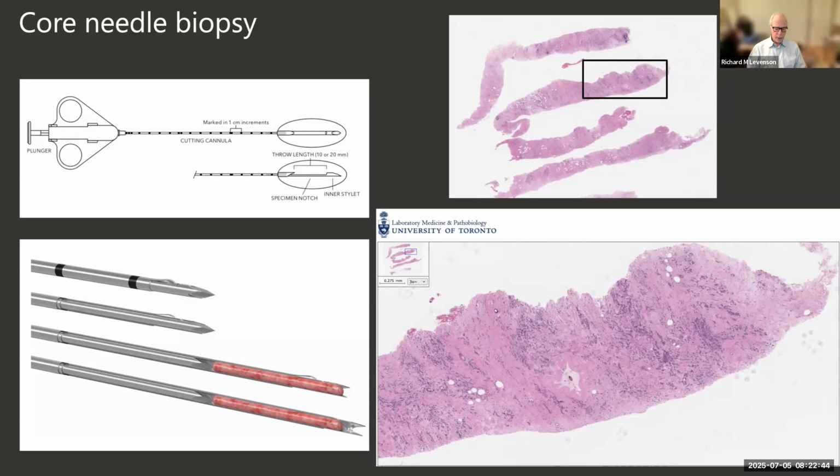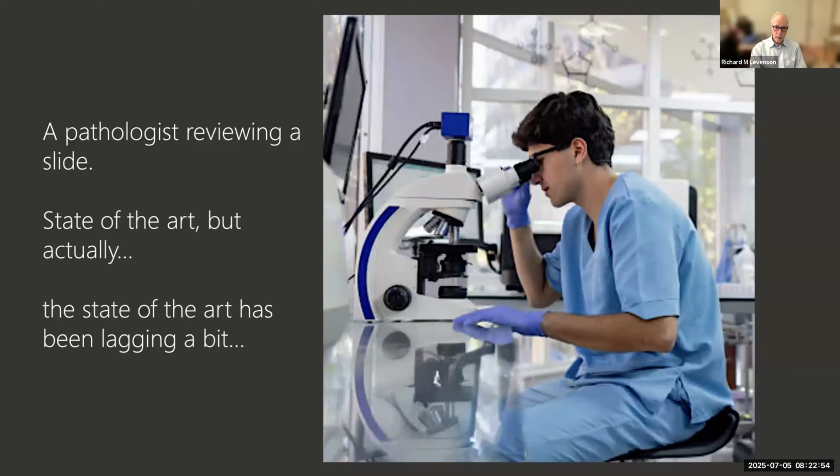And these molecular markers can also help define A, what the prognosis is, and B, how the patient should be treated. So that's how we now get core needle biopsies. This is what Dr. Oyafi Adai does in her practice.